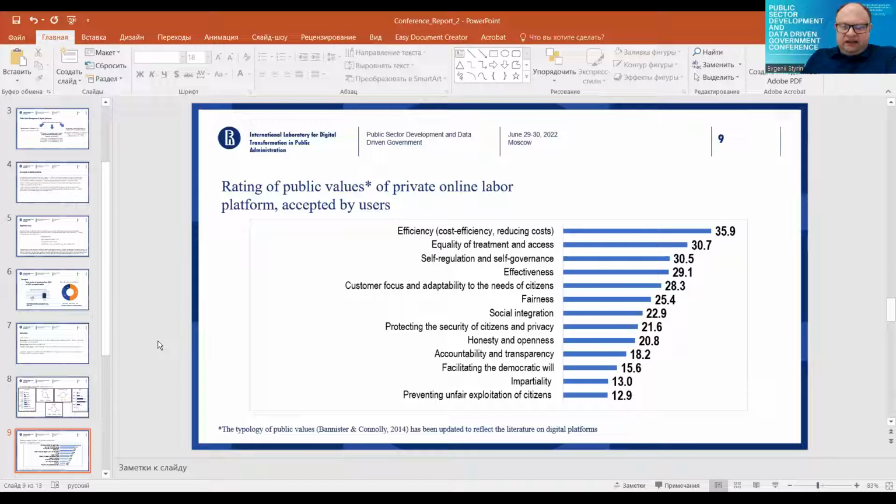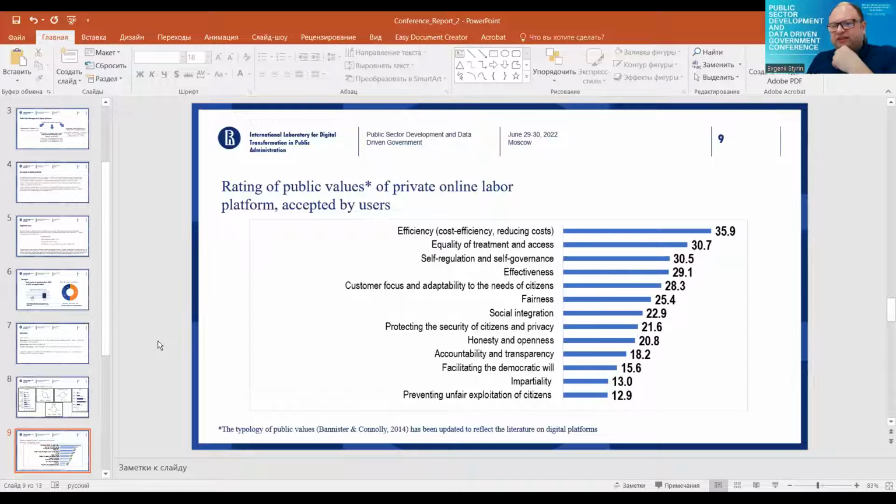Here is the typology of public values that we are using, and we are using the model of public values provided by Bannister and Connolly. The only difference is that they applied this model at the time when it was called information technologies or information communication technologies.